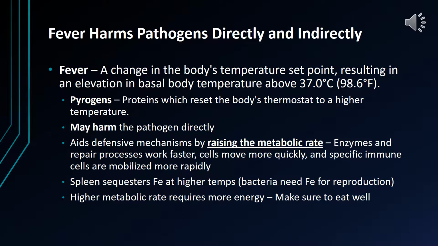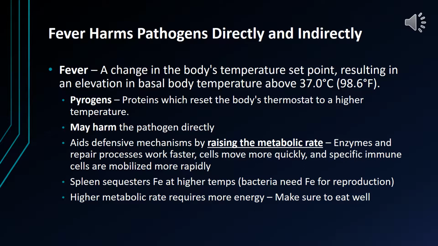Fever aids defensive mechanisms by raising the metabolic rate, which allows enzymes and repair processes to work faster because enzymes or chemical reactions take place more quickly at a higher temperature. This allows the cells to move more quickly also, and allows specific immune cells to be mobilized more rapidly.